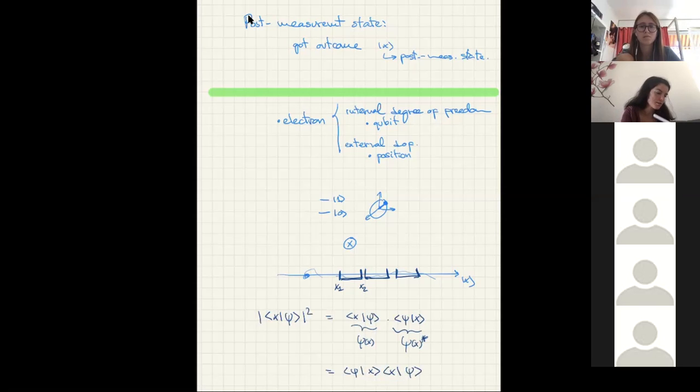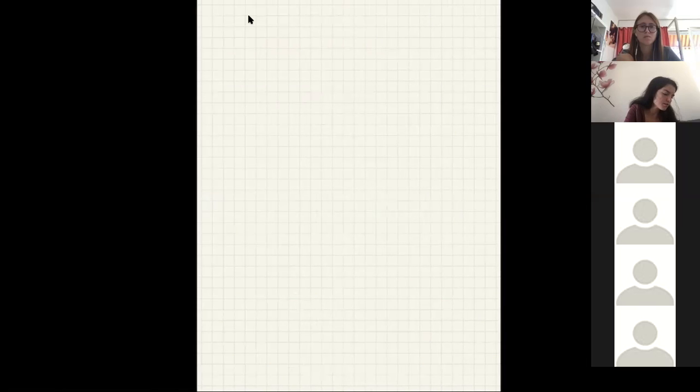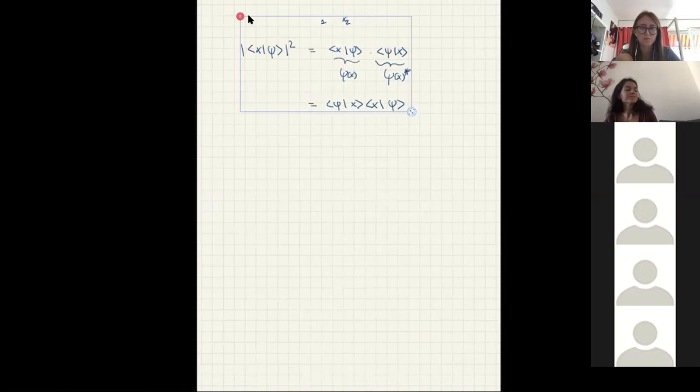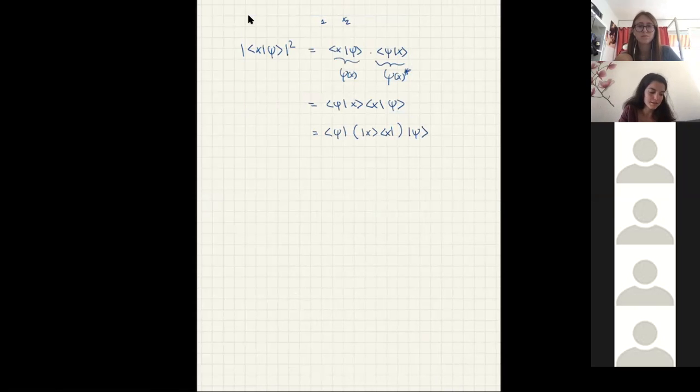And now we're going to separate this element here. So let's do this again. Copy. ⟨psi|, then |x⟩⟨x|, then |psi⟩. And this was if we wanted to measure exactly there, so project exactly there. Now if you have a more coarse-grained measurement, it means that your outcome is not going to be this, but it's going to be something like, remember that this is now a matrix.